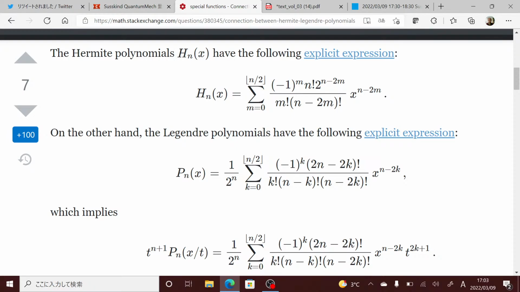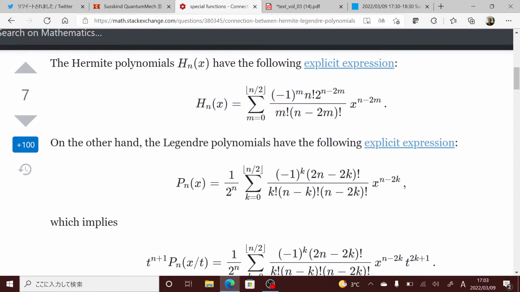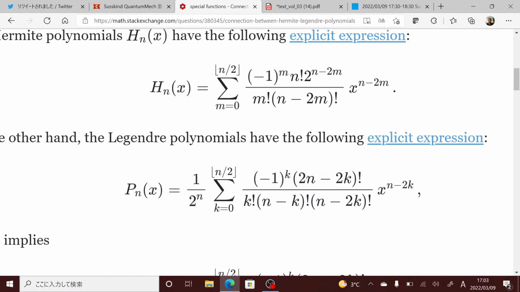See, this summation is the same. The summation goes from k equals 0, or m equals 0, up to n over 2. One difference is 1 over 2 to the power n.